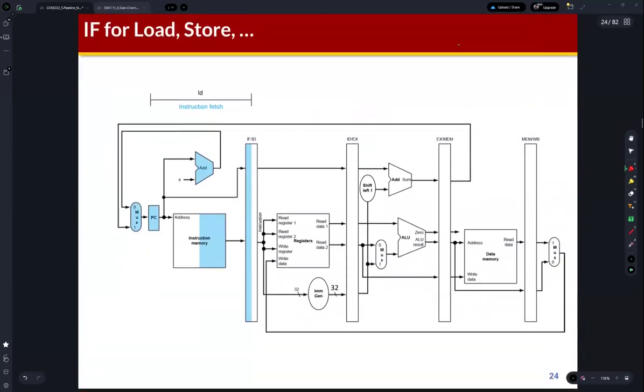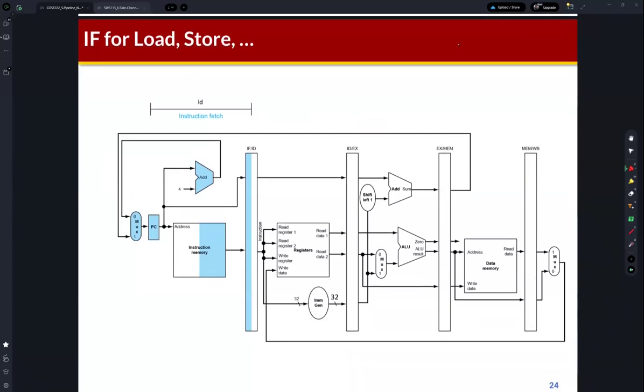Then let's see how the instructions are executed in every cycle. So this is the example of a load instruction. During the first cycle, the load instruction is fetched from the instruction memory, right?